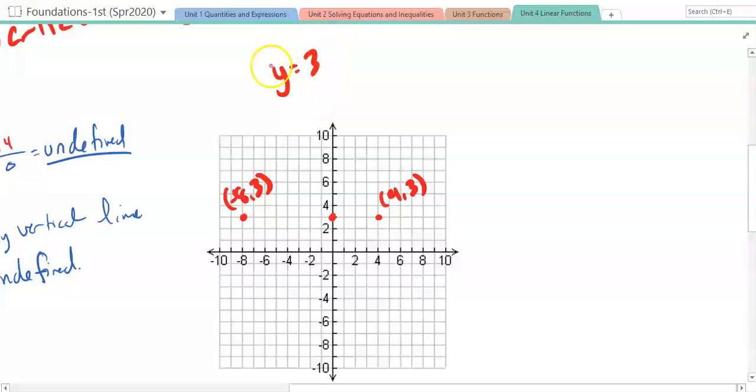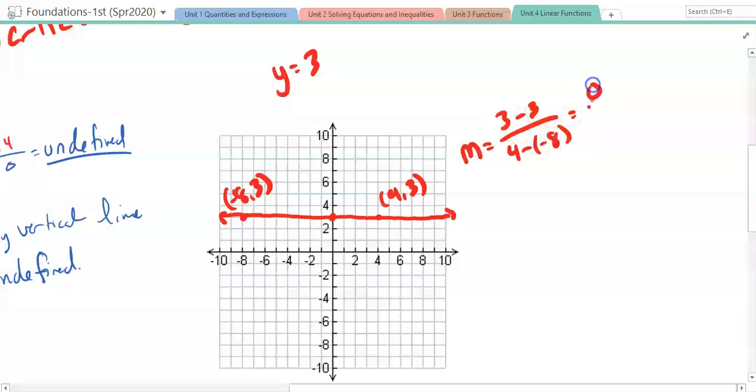Again, our equation says nothing about the x, so the x value can be anything. It can be any x value that I want. But the key is that the y must be 3. And so let's look at the slope of this. M is equal to, we're going to get the 3 minus the 3 over the 4 minus the negative 8. 3 minus 3 is 0. Double negative here will become positive, and so I'm going to get 4 plus 8 is 12.